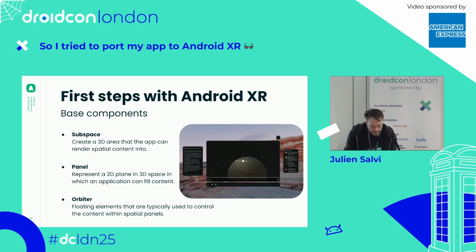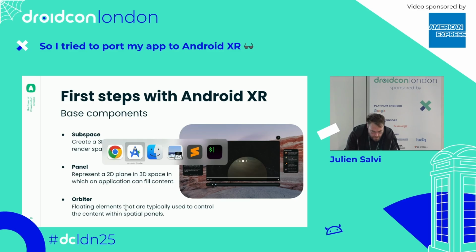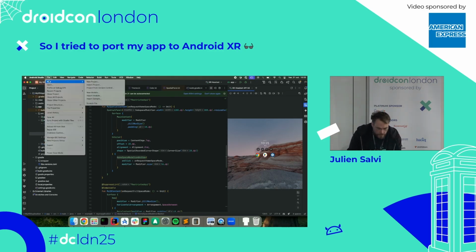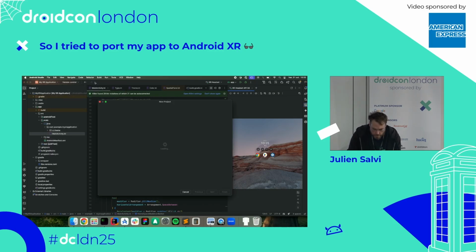All right, so let's jump into Android Studio. If you want to create a brand new XR experience, without a previous application, you just want to build for XR and that's it, you can open Android Studio and create a new project.